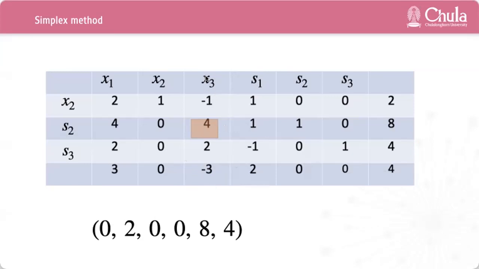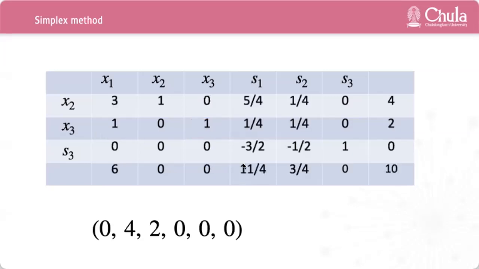So we introduce x3 and we get rid of s2 from the set of basic variables, and then we follow Gaussian elimination, and we obtain this. At this point, we stop the algorithm because all the coefficients of the objective function are positive already, so that means we cannot improve the objective function anymore.